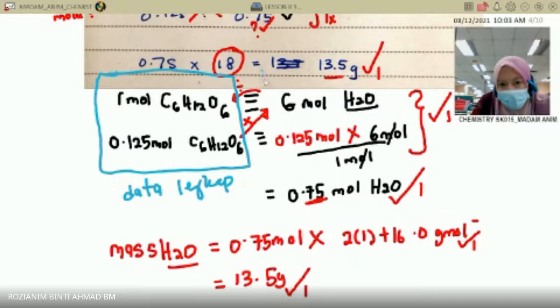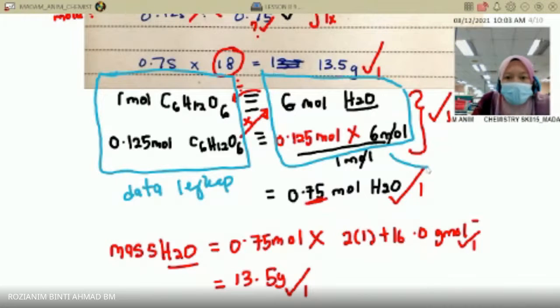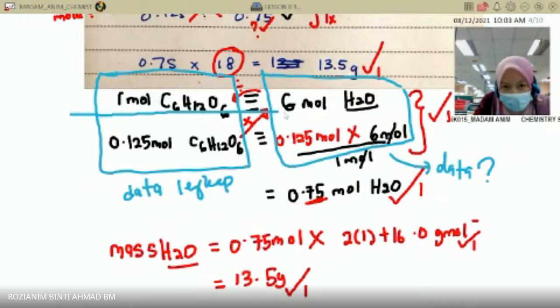Tapi kalau kolom yang kedua, ini adalah molekul yang kita nak cari. Data yang kita nak cari. Okay. Baris yang pertama ini, dia macam buat empirical formula juga. Baris yang pertama adalah maklumat yang lengkap, maklumat yang kita ada. Baris yang kedua adalah siapa yang kita nak cari nanti. Tetapi dia mesti spesies yang sama, sebelah kiri, sebelah kanan tu mesti spesies yang sama.